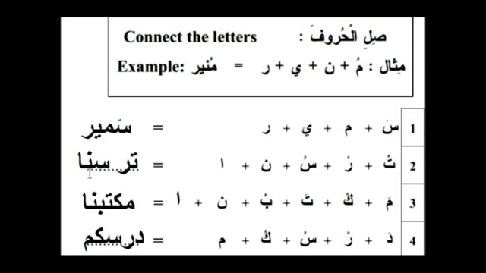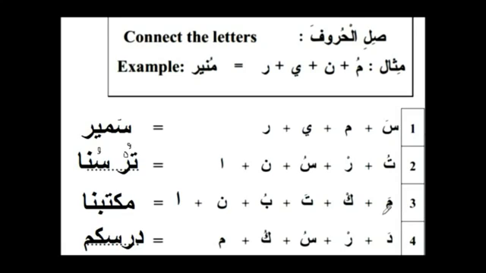It connects the letters after it, and the noon should have connected to the alif even though the alif is not a connector, because the noon connects the letters after it. We should have put the dhamma on top of the ta, the sukoon on the ra, the dhamma on the sin. That would make it full. That would make it correct there.